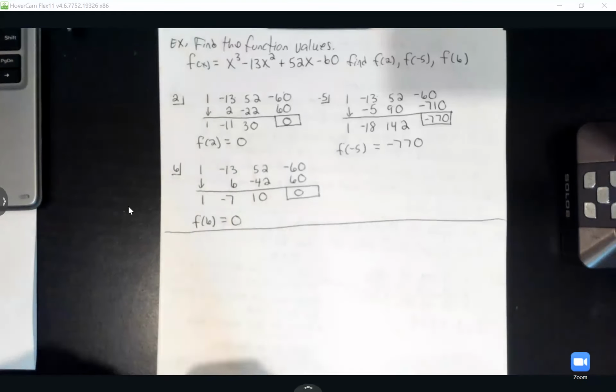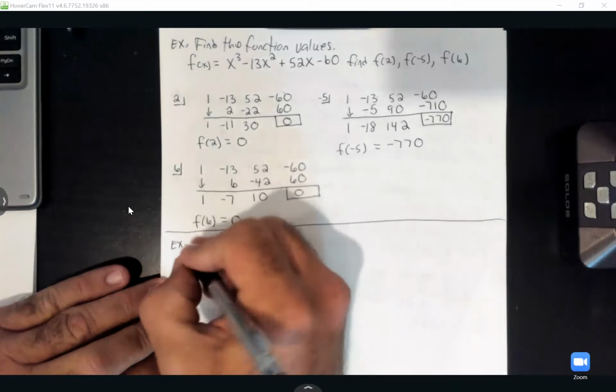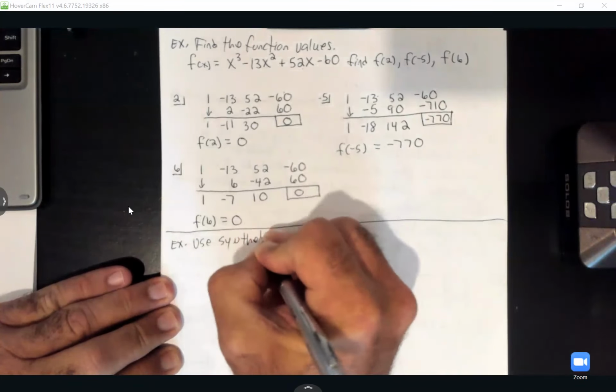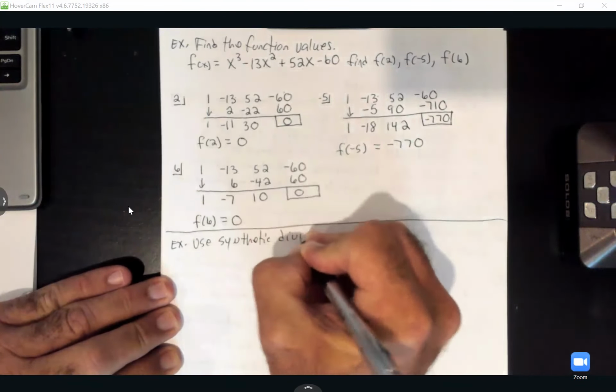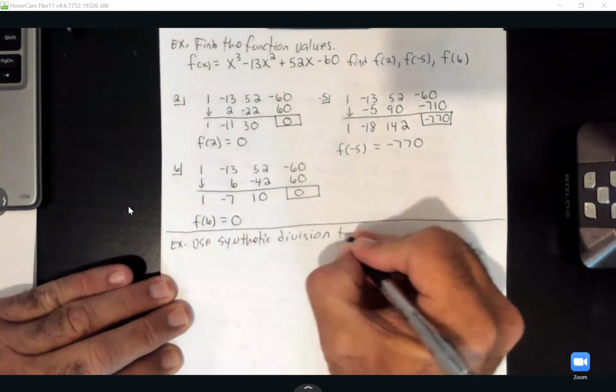All righty, so like I said, we're using synthetic division to determine whether the numbers are zeros.